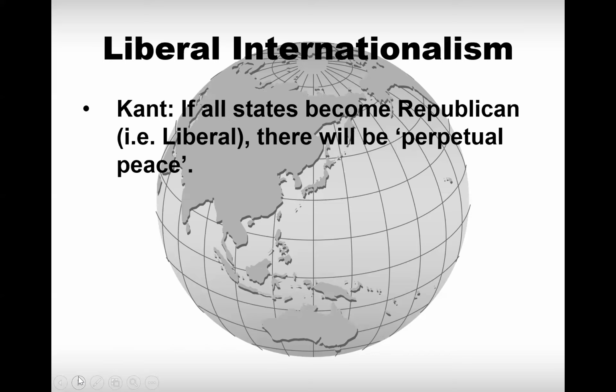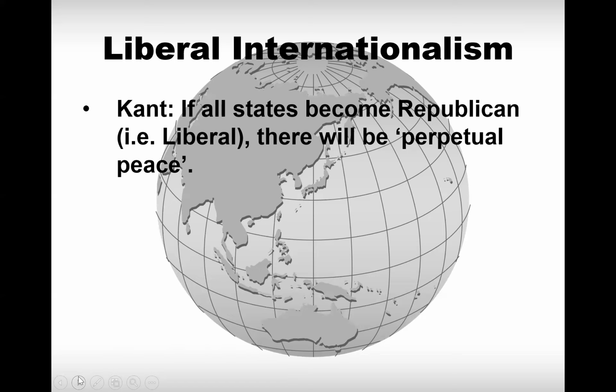Now, liberal internationalist thinking is based on a reading, some scholars argue a misreading, of the work of Immanuel Kant. Kant argued that if all states become republican, republican in this sense would mean that they are a republic. They are not ruled by kings or queens, but there is a state which is responsive to the views of the people.